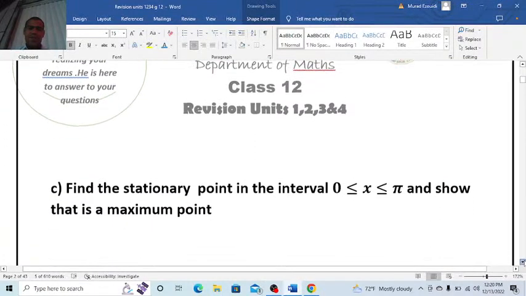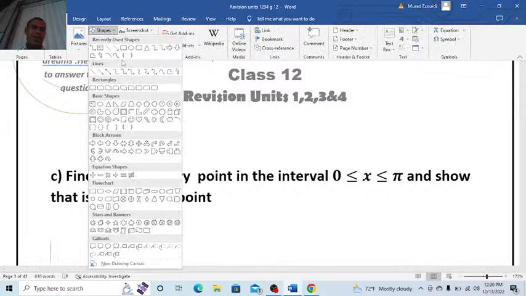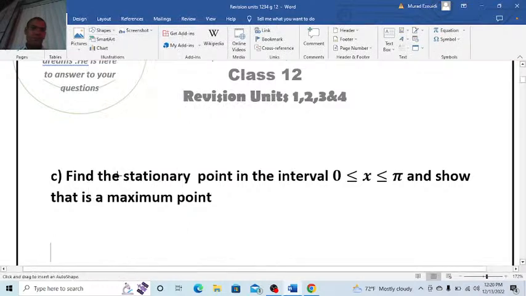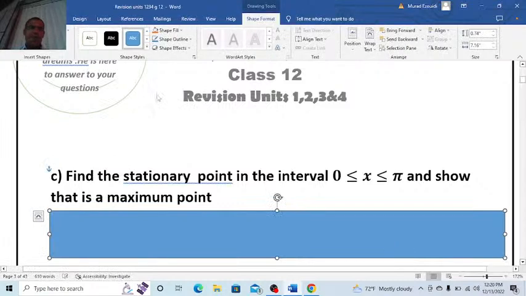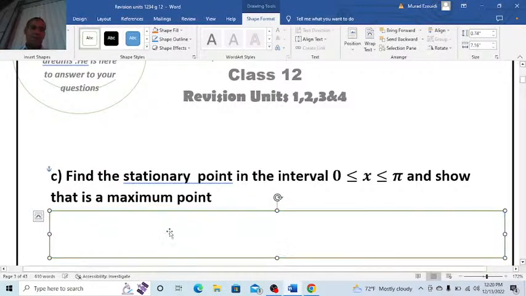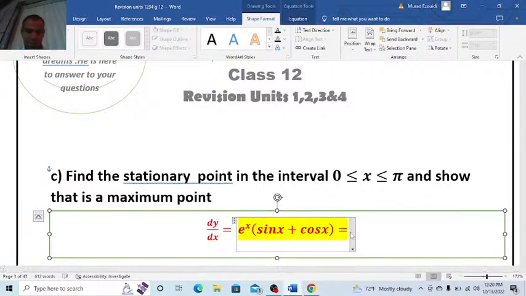Now I will insert shape. Okay, this is my first derivative function. This one should be equal to 0.